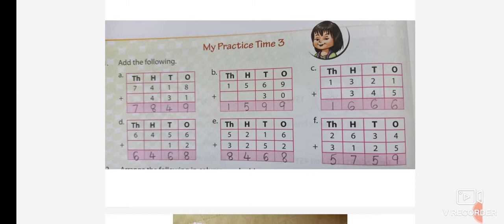On the hundreds place, 3 plus 3 is 6. And on the thousands place there is only 1, so we directly write 1 because there is no number in the column below. The answer is 1,666.